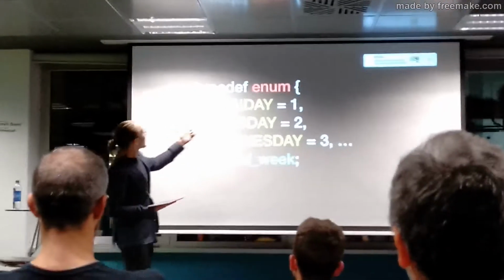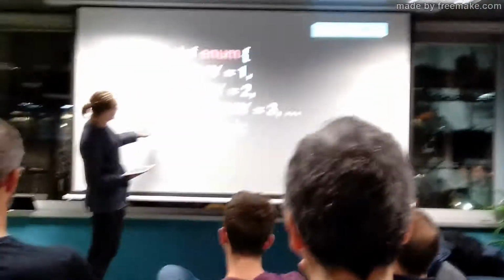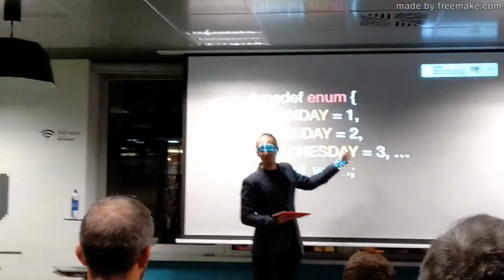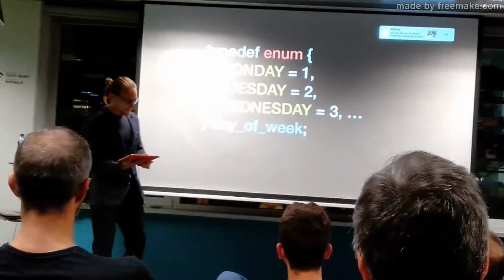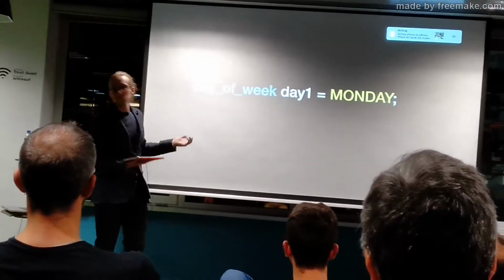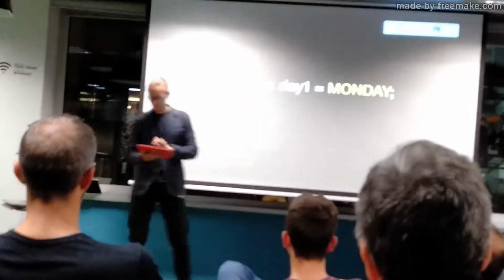Yeah, this is the definition of an enumeration, where there is some base, and you actually assign just a number to that named alias. And this looks pretty simple. We are assigning Monday to day 1.